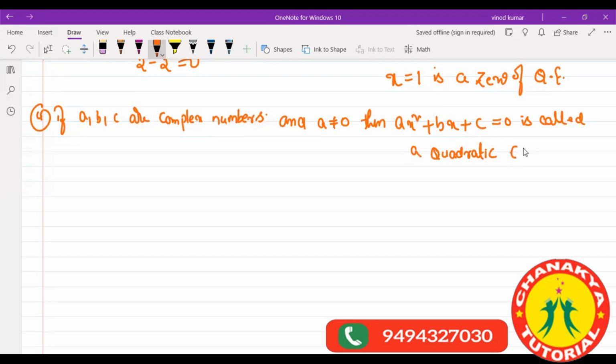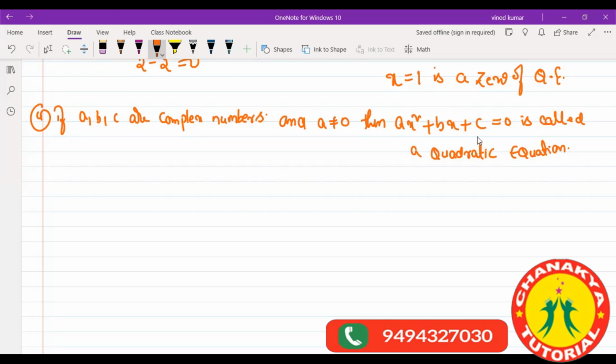If an equation involves the highest degree variable as 2, then it is also a quadratic equation. Suppose the highest degree is 3, then it is a cubic equation. Cubic, fourth degree, fifth degree, sixth degree, etc. When the variable having the highest order in the equation is 2, then it is a quadratic equation.